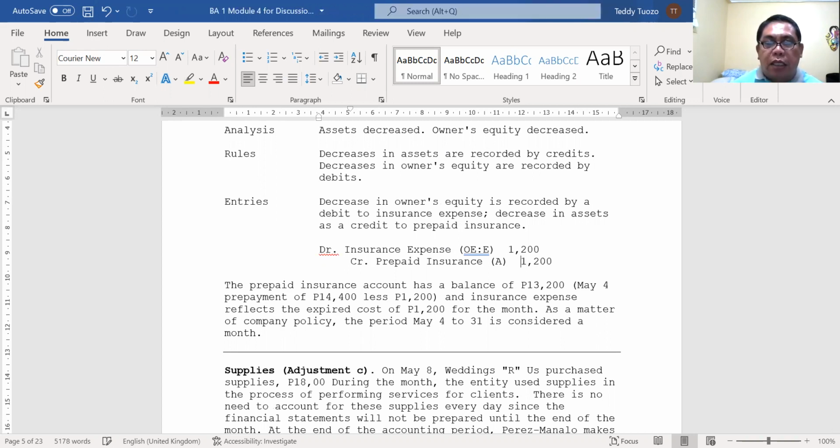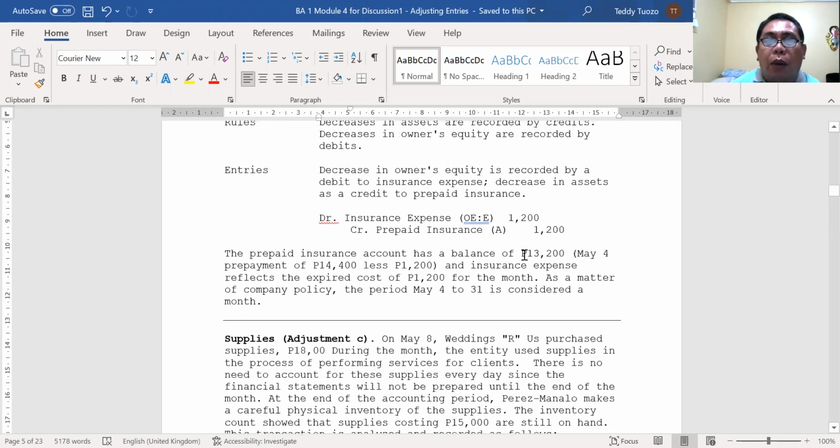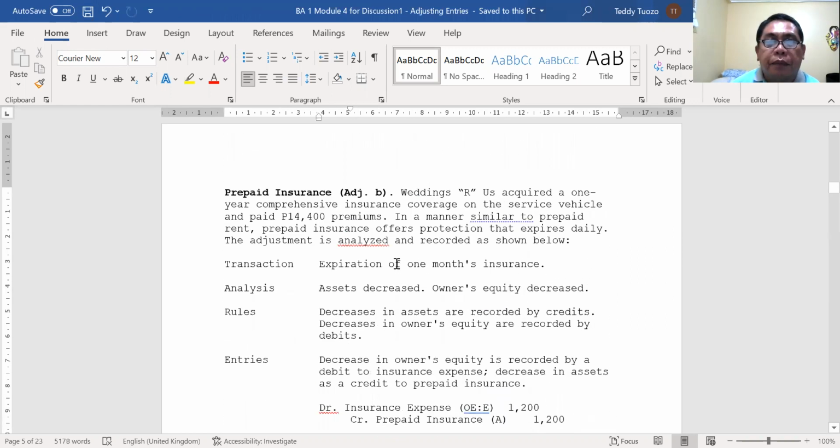Again, the prepaid insurance is classified as an asset account. Initially, the prepaid insurance account has a balance of 13,200, which is 14,400 less 1,200.